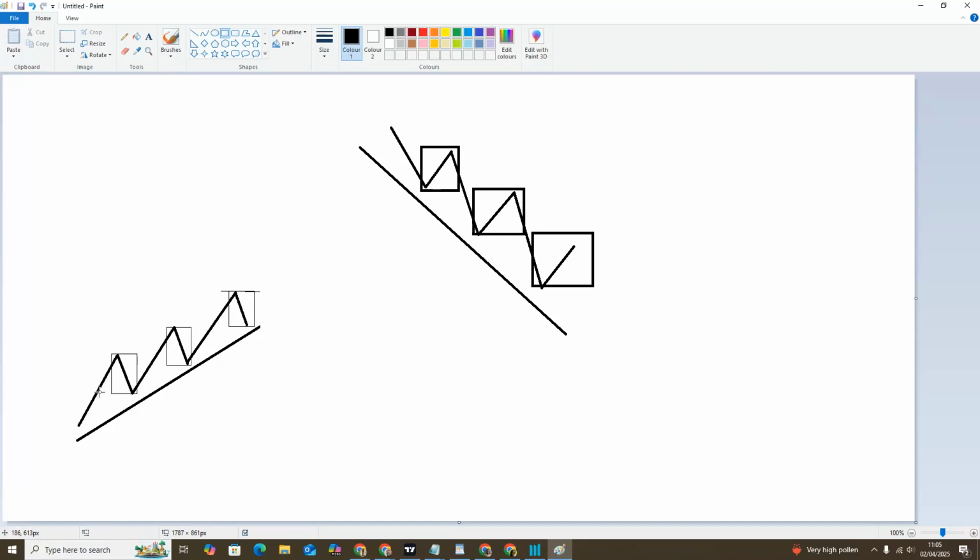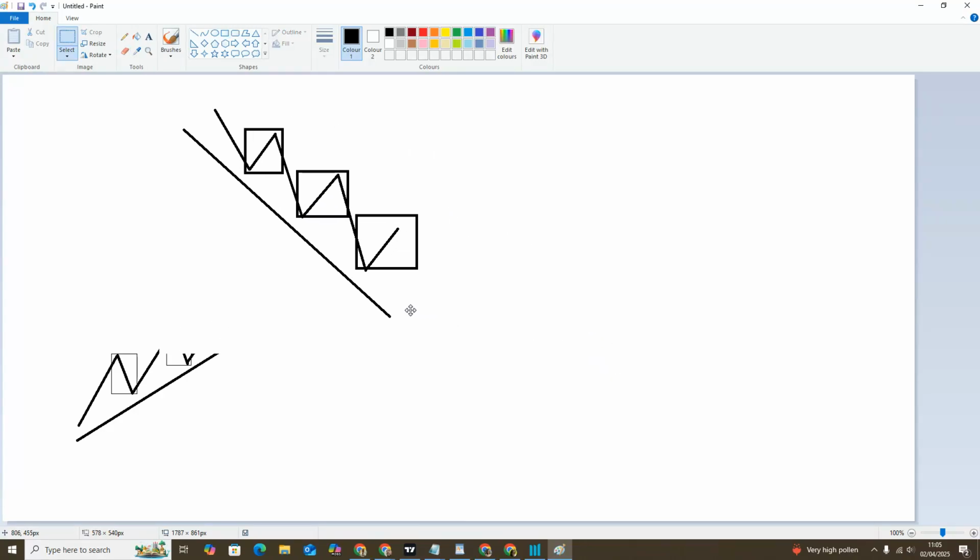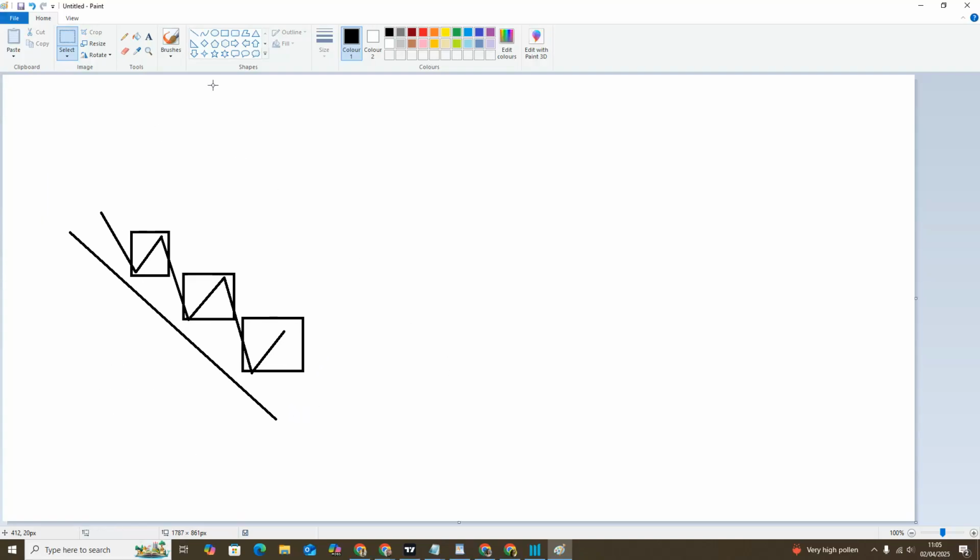The same principle applies to a downtrend. The most important thing you want to look for is the correction. You want to see what is going on with the correction. So I'll do this quickly. So let's do the same practice. I love using Paint, but sometimes it can be tricky.